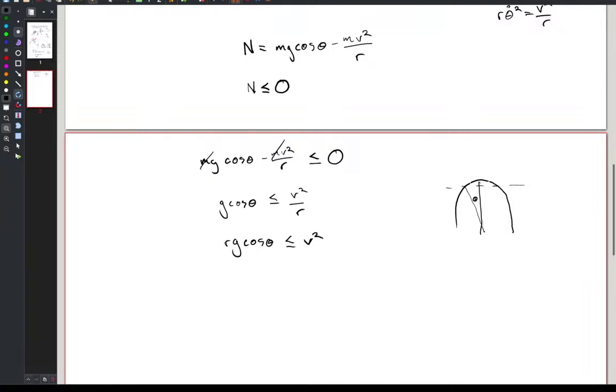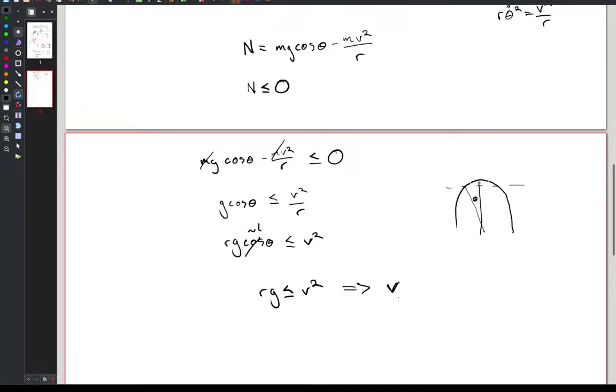So therefore, this is going to be about 0. So now I can say rg less than or equal to v squared. Cool. So what's v? How fast can we go?